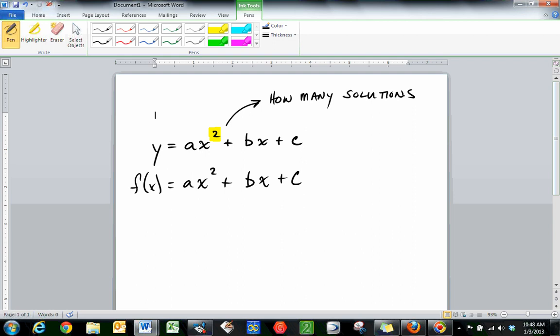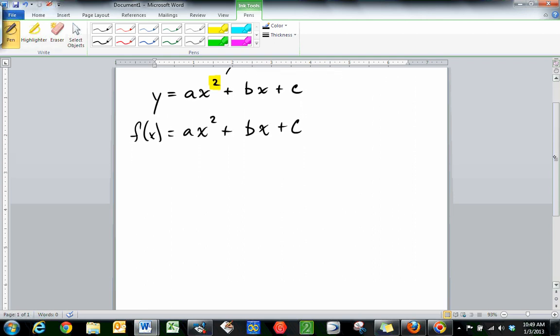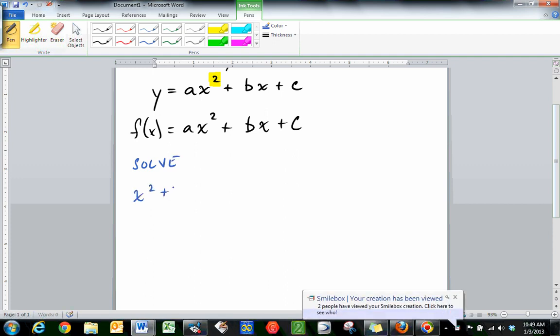Now, let's take a look at how we're going to solve many of these quadratic equations. If I were to make up an example, let's say I gave you a problem that said to solve, and it said x squared plus 5x plus 6 equals 0.